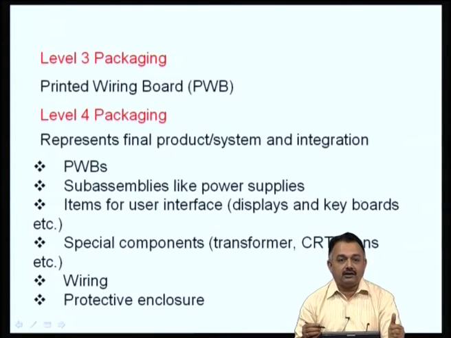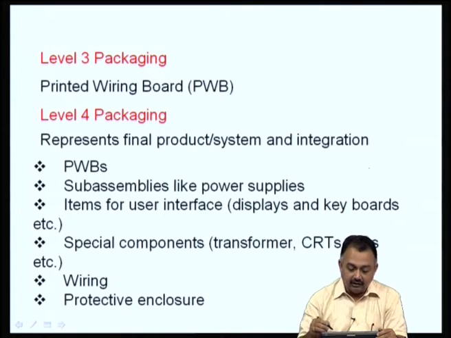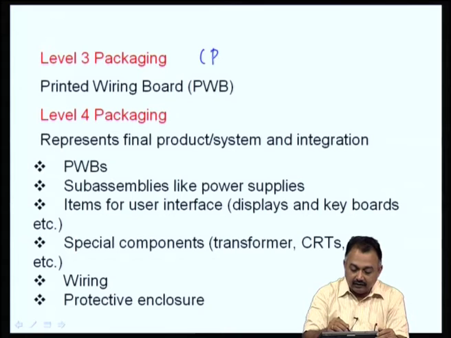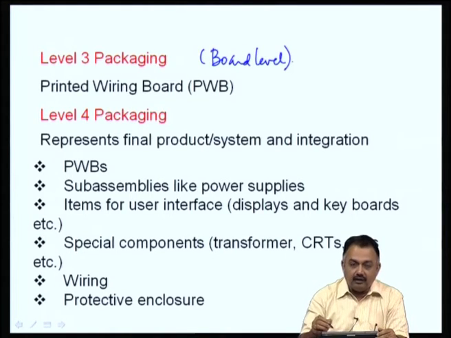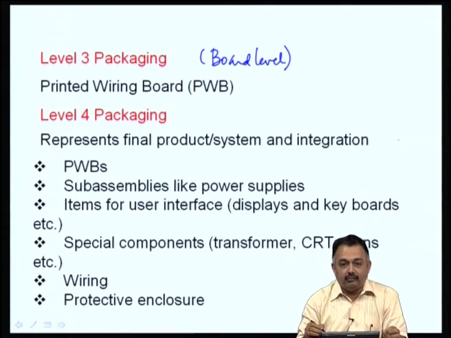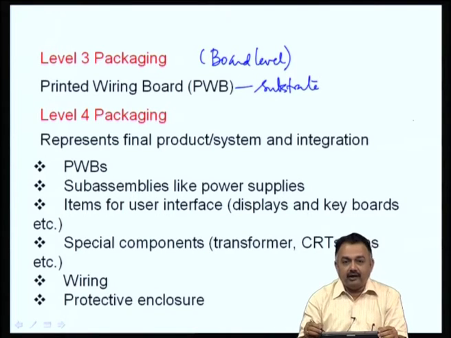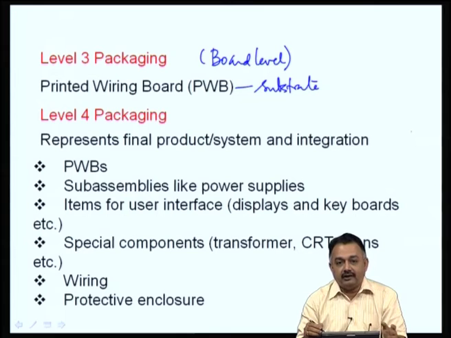Now, we will see what is level 3 packaging. Level 3 packaging is very simple. It is called board level packaging, and it concerns all technologies that go with the manufacturing of the printed wiring board. I would also use the term substrate here, because a printed wiring board actually acts as a substrate for mounting various components and interconnecting them on the same substrate.